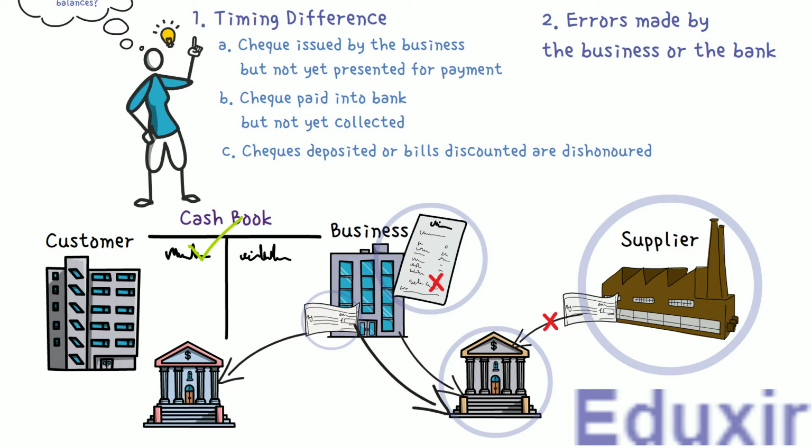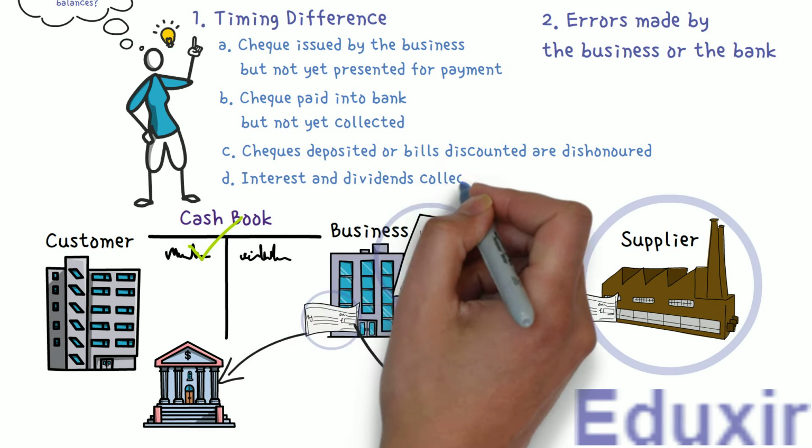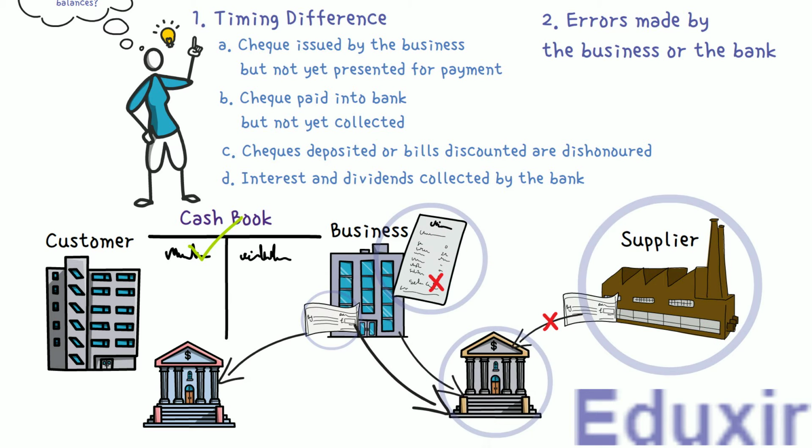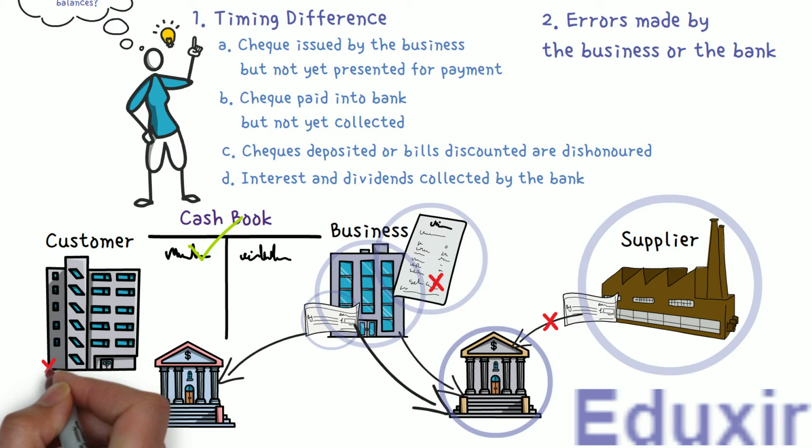The next reason is interest and dividends collected by the bank. When the bank collects interest and dividend on behalf of the customer, then these are immediately credited to the customer's account. Note here that the term customer refers to our business and not our business customers.